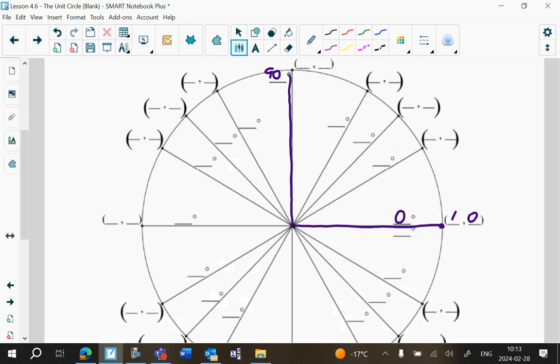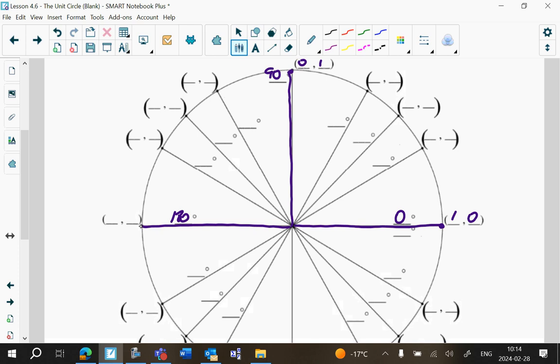Let's keep going the multiples of 90. So if I go 0, then 90, the next one add 90, let's go to 180. What would be the point at 180 degrees? Come on, you guys. Points have 2 values.